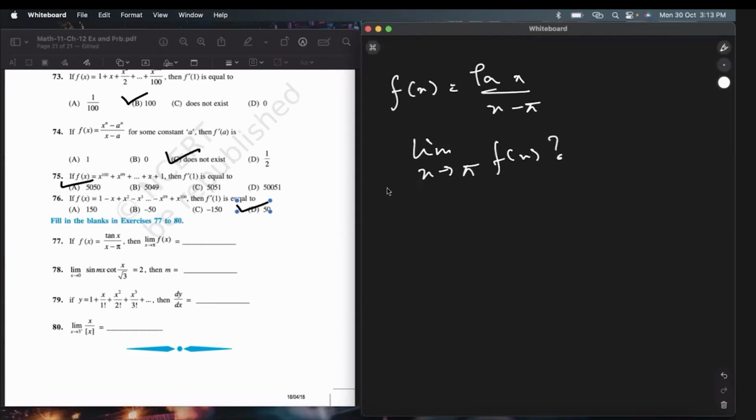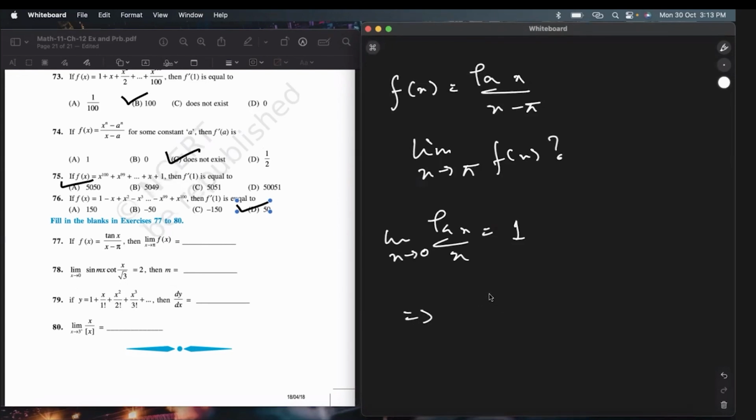So what I can do is think of the whole system as tan x by x, which when the limit x tends to 0 returns a value of 1. That will help me. But in order to make it like that, we have to change it, because in the denominator I have x minus pi.